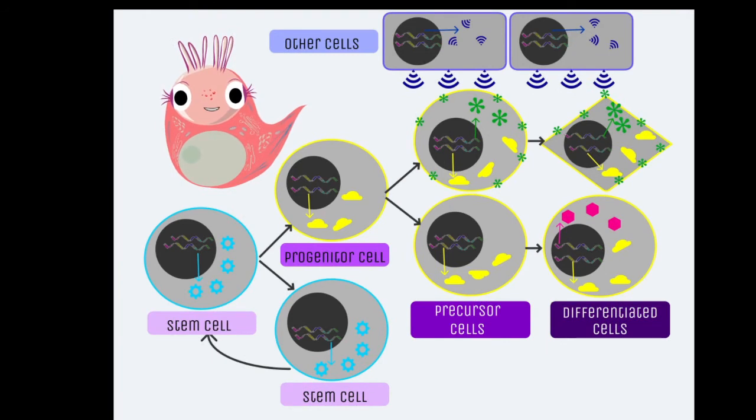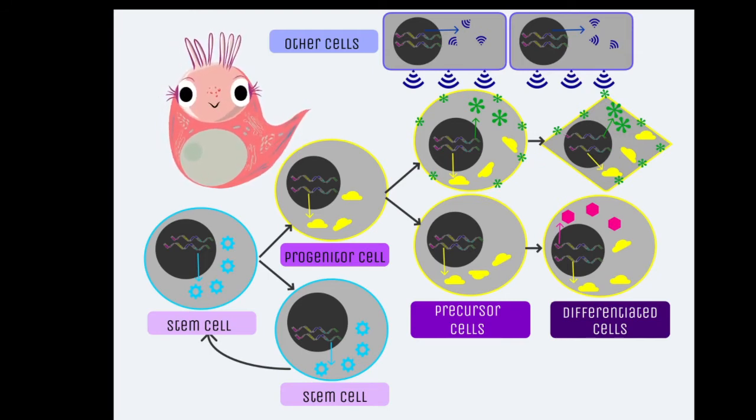So our progenitor cell is an oligopotent cell, so it is able to become many different cell types within a certain lineage. It will still have to differentiate more in order to become a functional cell.